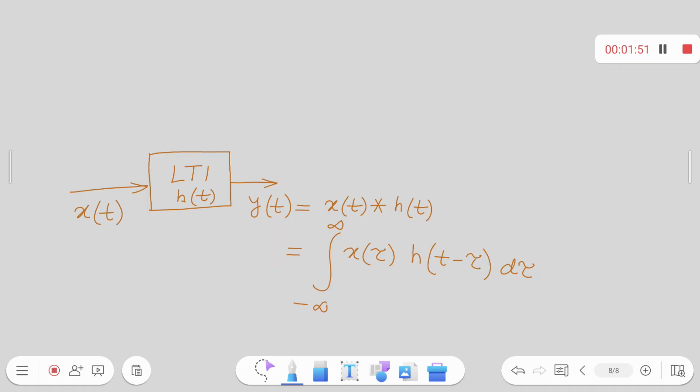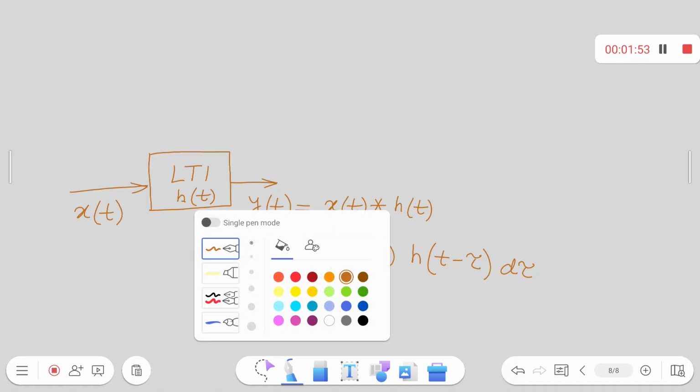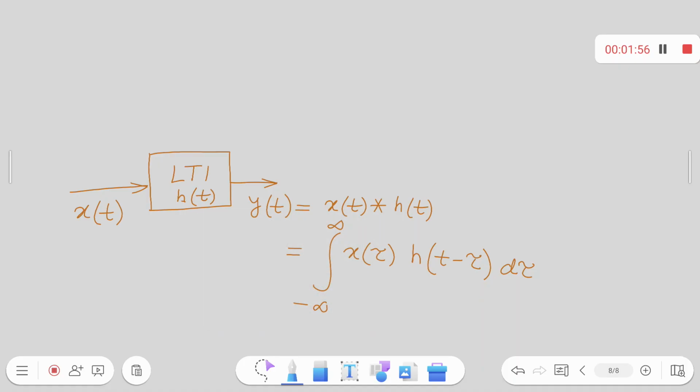Similarly, for a discrete time system you can write y of n, with a summation instead of integration: x of m, h of n minus m, where m is going from minus to plus infinity. That is the output sequence for a discrete time system.